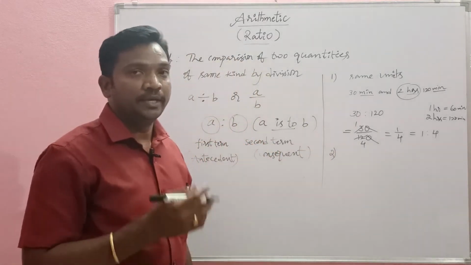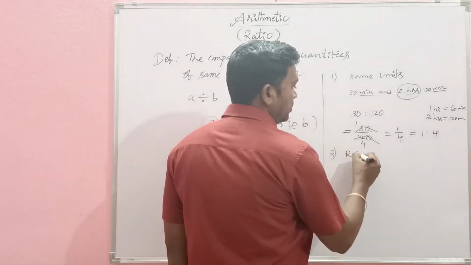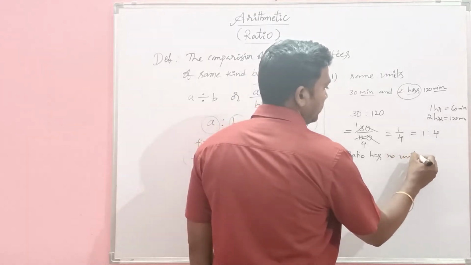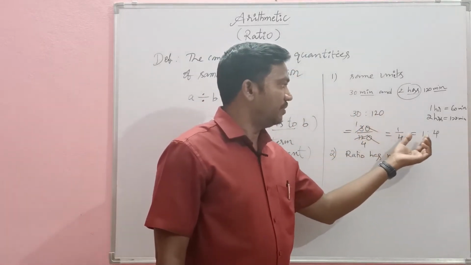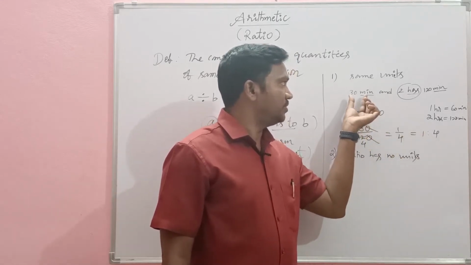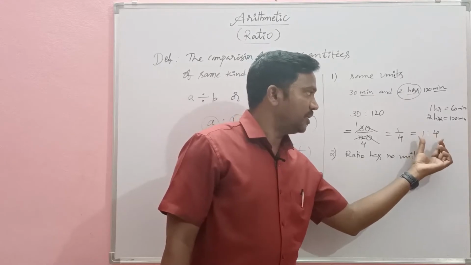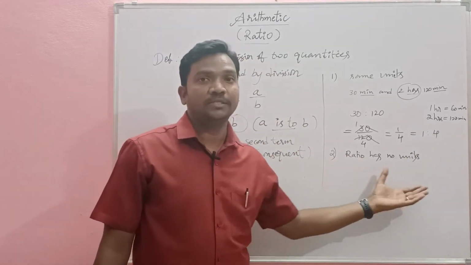Second one, a ratio has no units. See here, we have found that the ratio of 30 minutes and 2 hours is 1 is to 4. Here this 1 is to 4 has no units. So a ratio has no units.